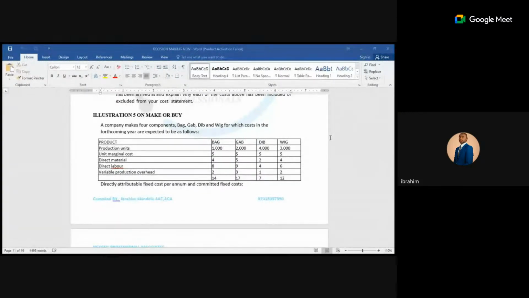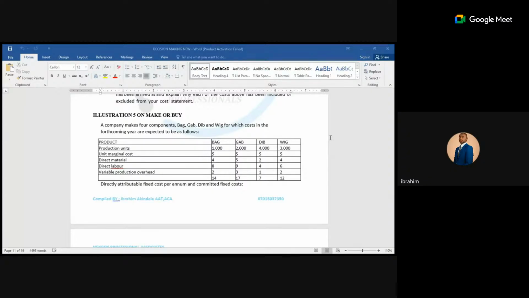You need to compare the cost of making the product internally and outsourcing it.